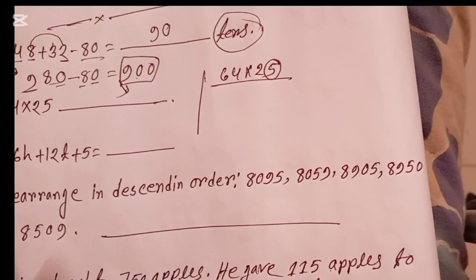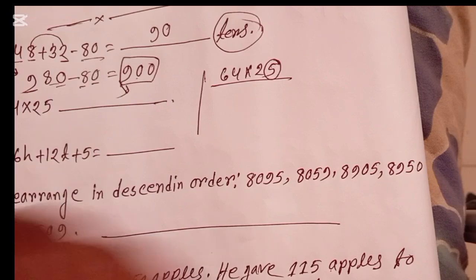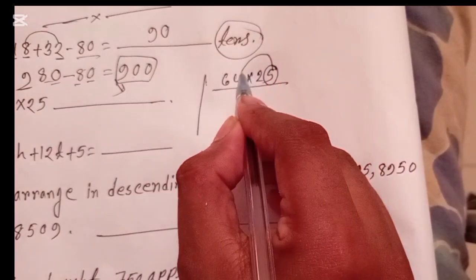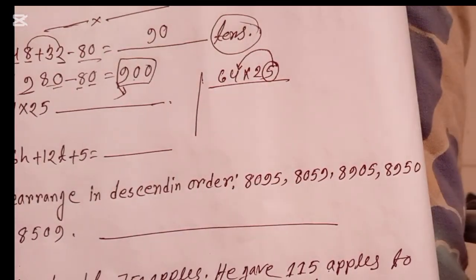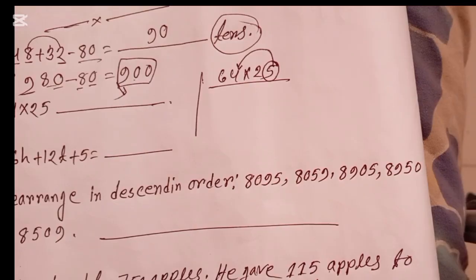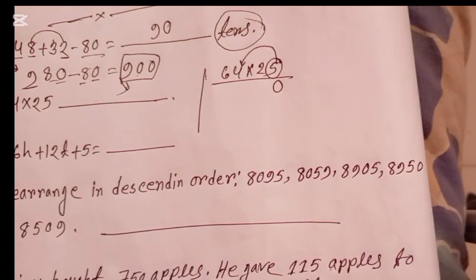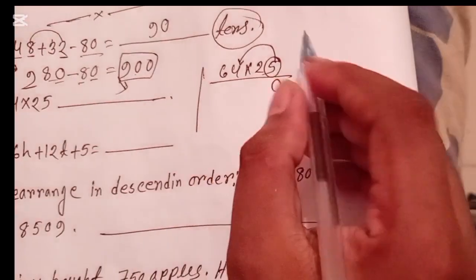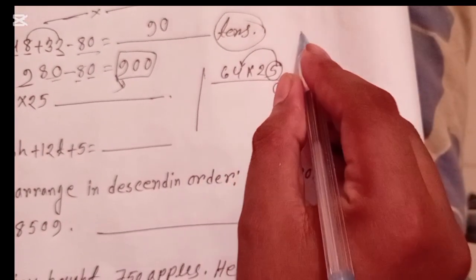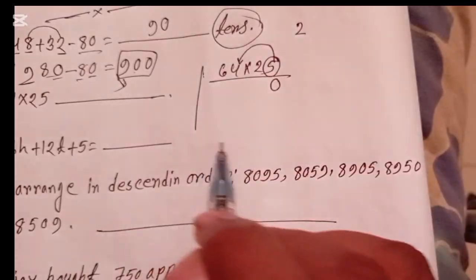So first of all, we have to multiply by this 5, 5 with 4. We know the times table of 5, right? 5 4s are 20. So we write 0 here and the carry will be 2.